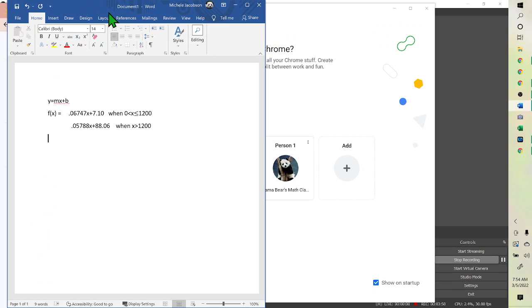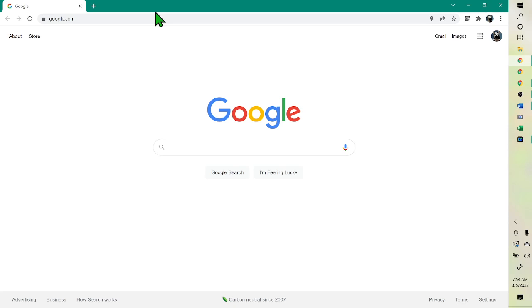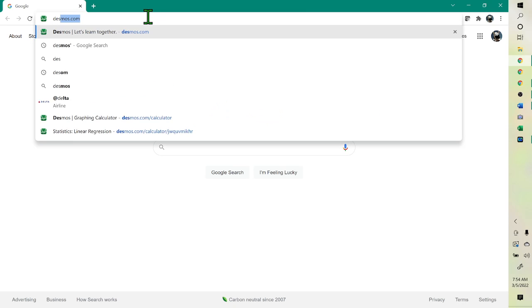Then we need to graph it. To graph it, you go to Desmos.